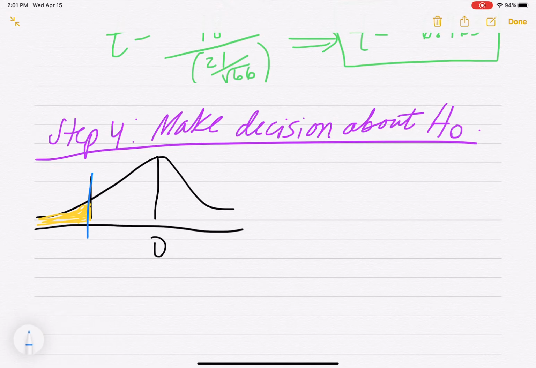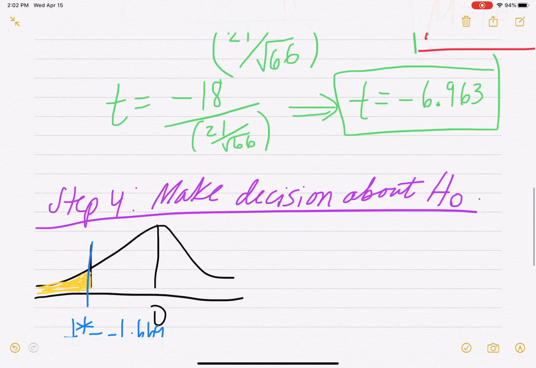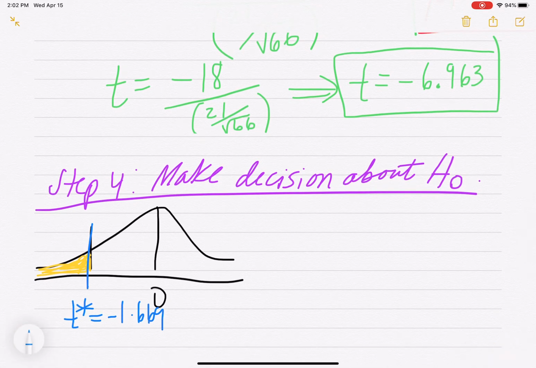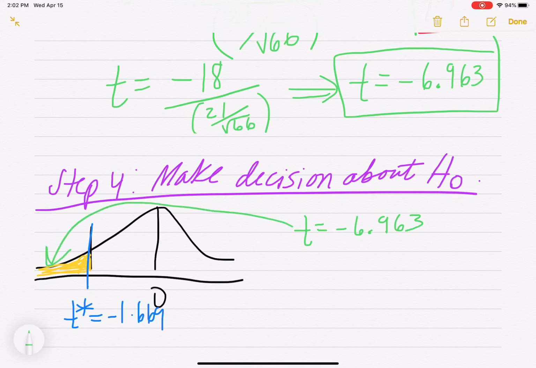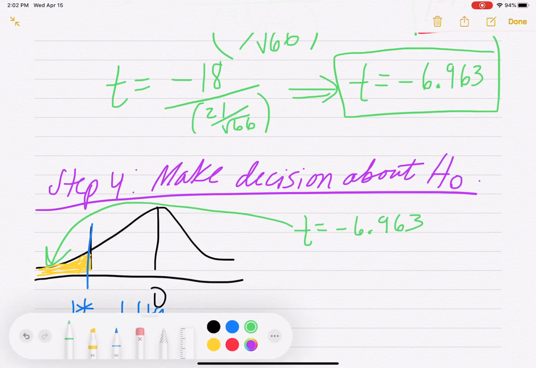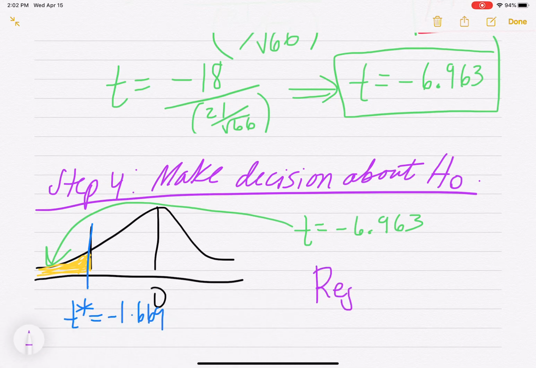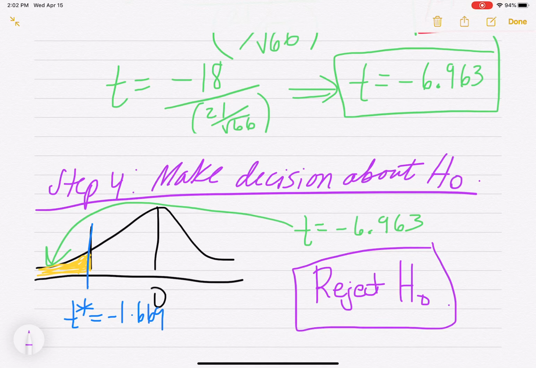We had a t lower star, right here, negative 1.669. And what was our t-test statistic value, in green? Negative 6.963. That is definitely over there in the rejection region, to the left of negative 1.669. So we're going to reject the null hypothesis because our test statistic fell in the rejection region.